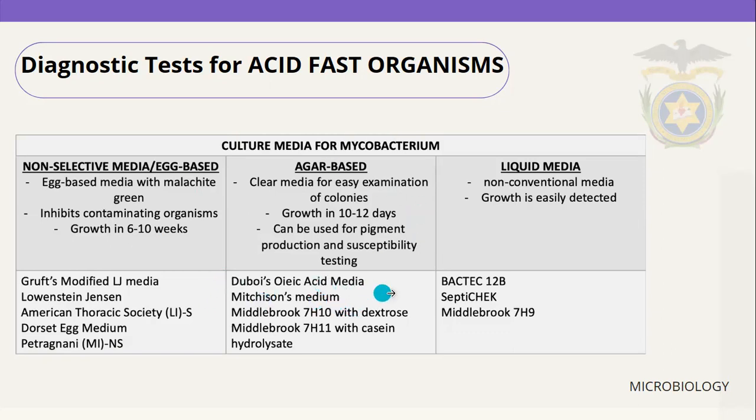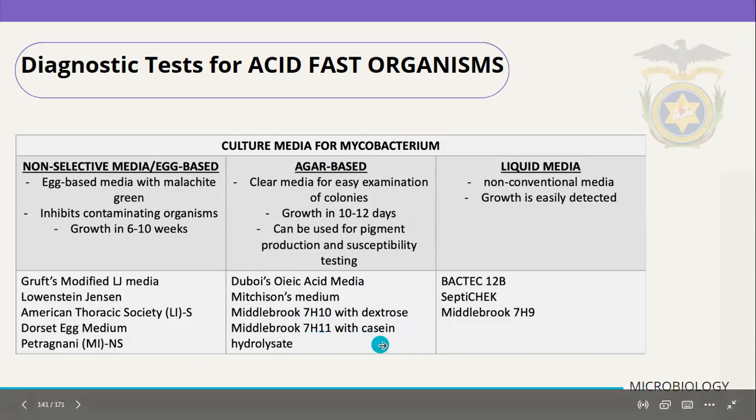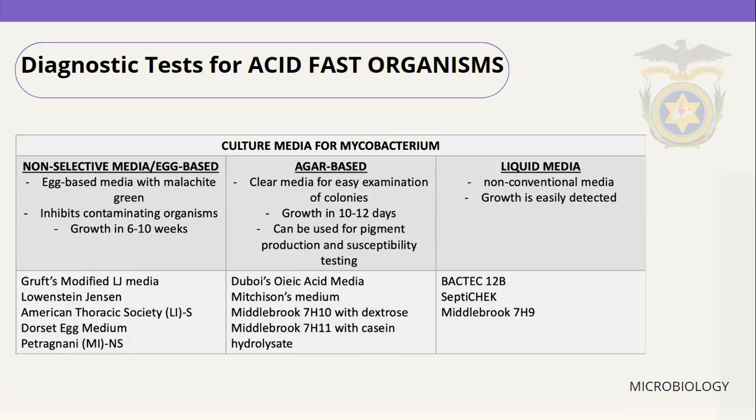We have the Dubos oleic acid media, the Mitchison's medium, the Middlebrook 7H10 with dextrose, and the Middlebrook 7H11 with casein hydrolysate. And the last one is our liquid media, and liquid media are non-conventional media, and growth is easily detected. So we have three examples there. We have the Bactec 12B, the Septi-Chek, and the Middlebrook 7H9.